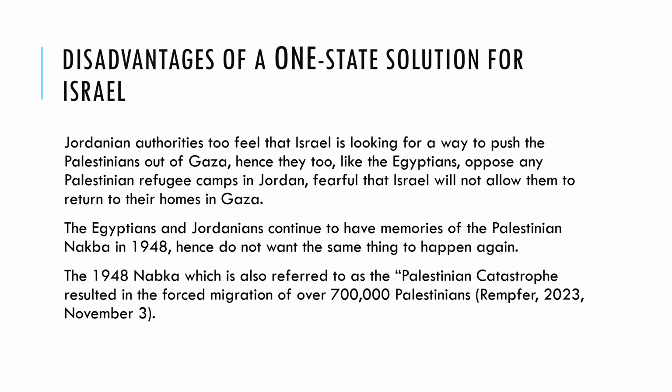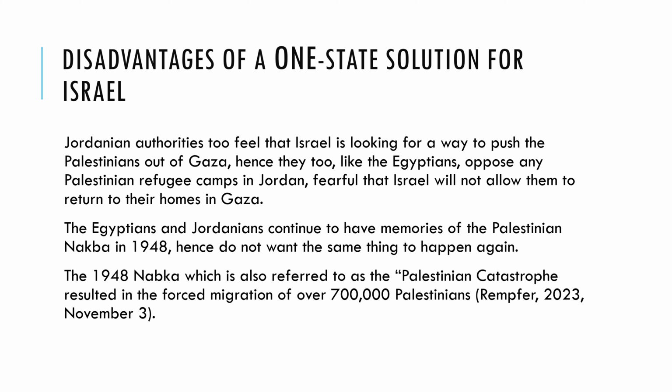The Egyptians and Jordanians continue to have memories of the Palestinian Nakba in 1948, hence do not want the same thing to happen again by allowing Palestinian refugees to flee from Gaza into their territories.